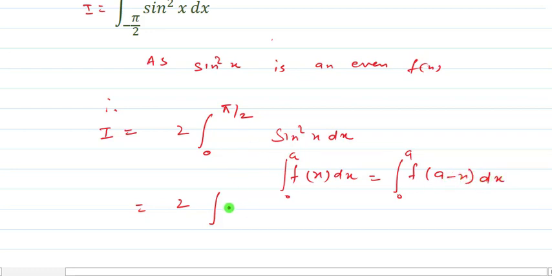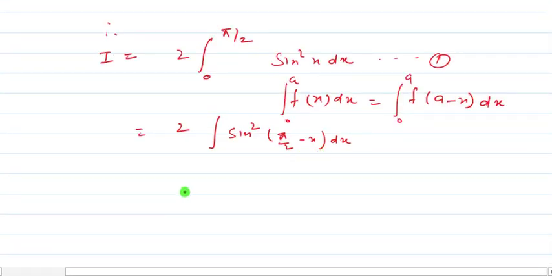So if we use this property, we are getting sine square (pi upon 2 minus x) dx. Adding the two results, number 1 and number 2, after simplifying, we are getting twice the integration of cos square x dx. Let me name this as 2.